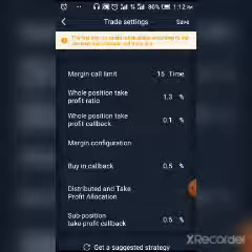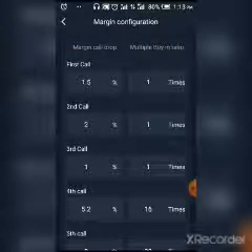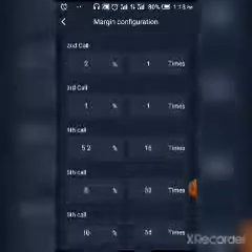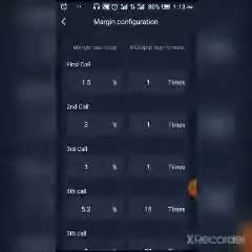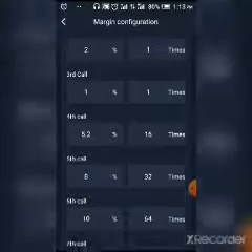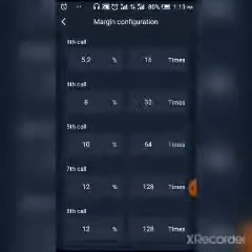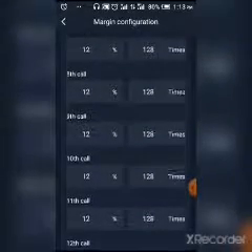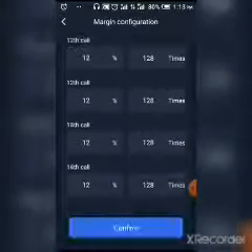Now let's go into margin configuration on how to set our margin call limit. Very good. Now you will notice that you can see the calls: 1, 2, 3, 4, 5, 6, 7, 8, 9, 10, 11, 12, 13, 14, 15.